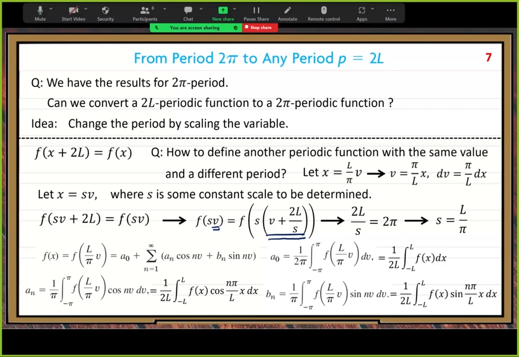So in this way, we can handle a periodic function with arbitrary period, no problem. We just apply these versions of the Fourier coefficient formulas, the Euler formulas, so we can calculate the Fourier series expansion.